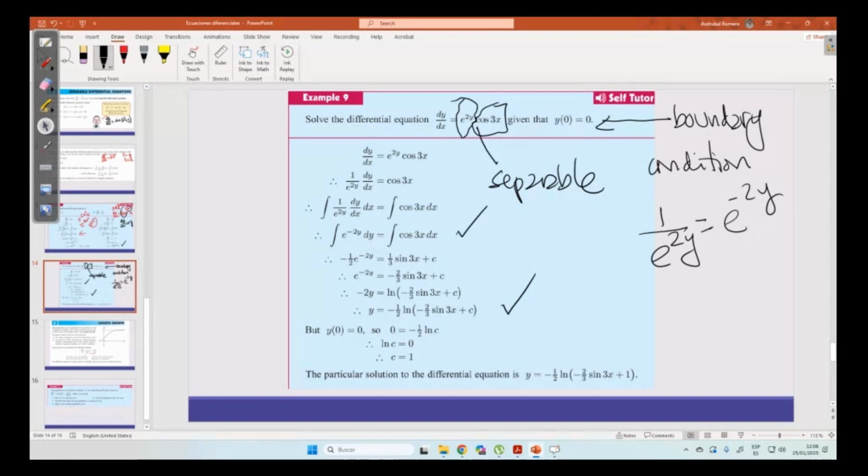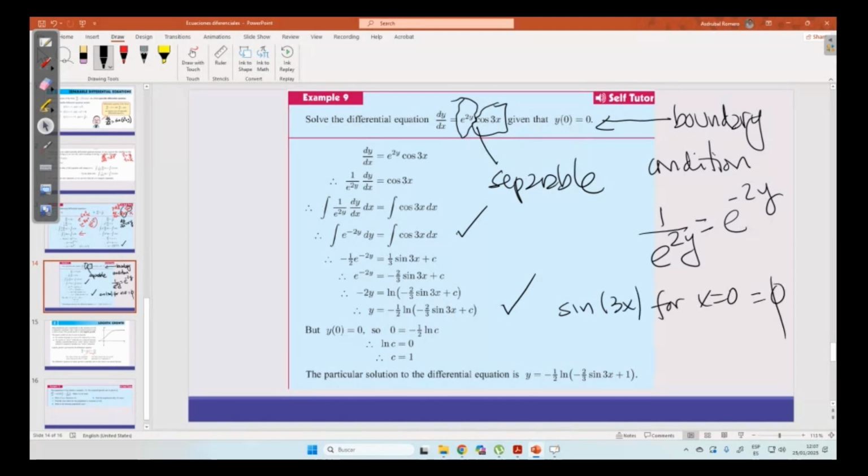And then with this result, you apply the initial condition. y(0) equals 0. So it means for x equals 0, they are telling you that y should be 0. So what you do is equate to 0. You substitute here x equals 0, sine of 3x for x equals 0 is 0.